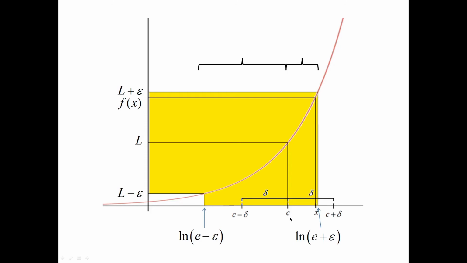Well, we know c is 1, because that was in the limit at c equals 1. So this distance here then would be the natural log minus this 1. That is this distance from c, and that is our delta. If we chose this delta, then that would squeeze the interval into the yellow region.